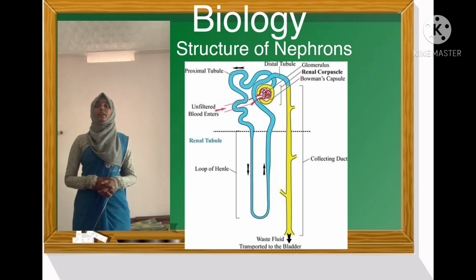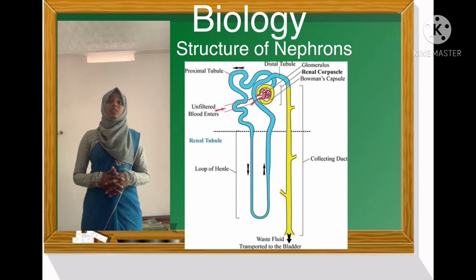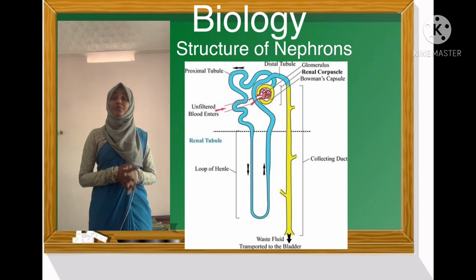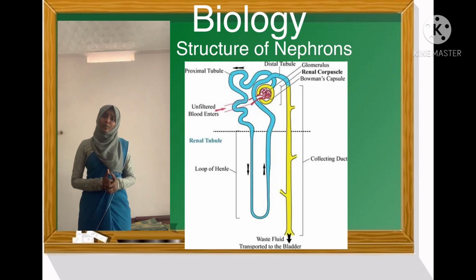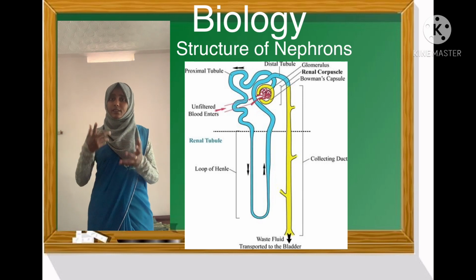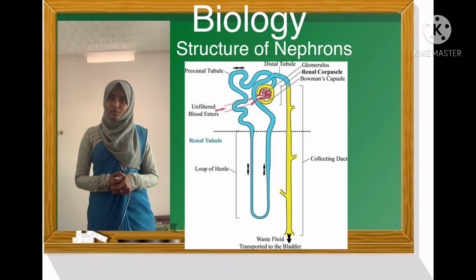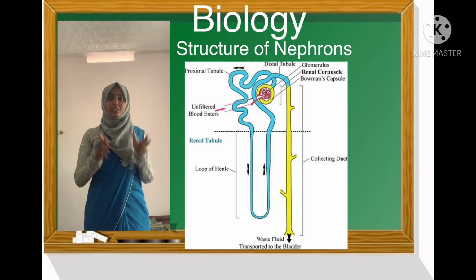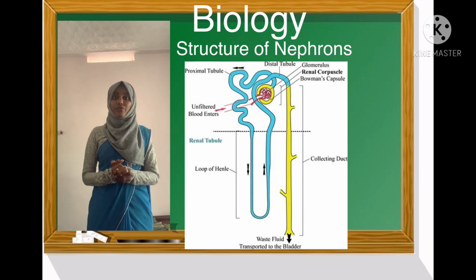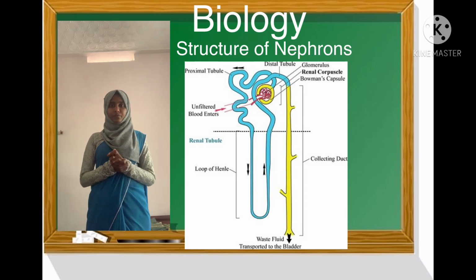So here we discussed the parts of nephron, or the structure of nephron. What is nephron? That we discussed in the last class. Nephron is the basic structural and functional unit of our kidney.